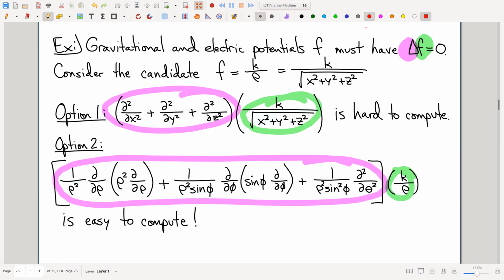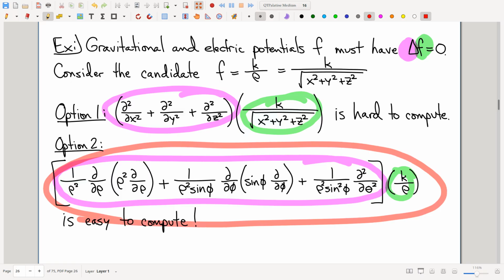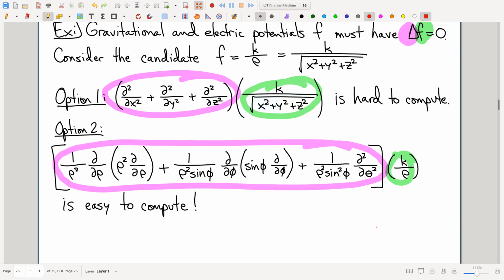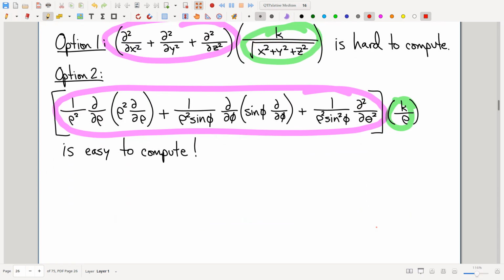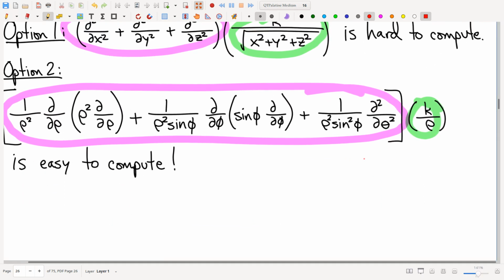Let's look at the spherical one, which looks like a nightmare. Look how easy this is going to be, though. The very first thing that I need to do here is take a theta partial of that expression, which doesn't have any thetas in it, 0. This whole term just disappeared.